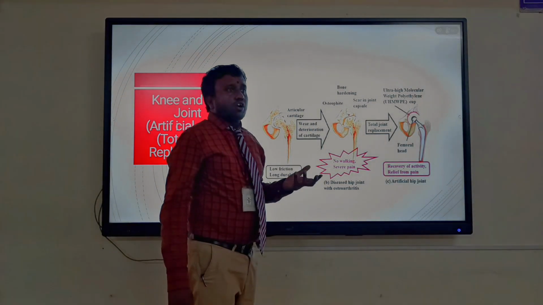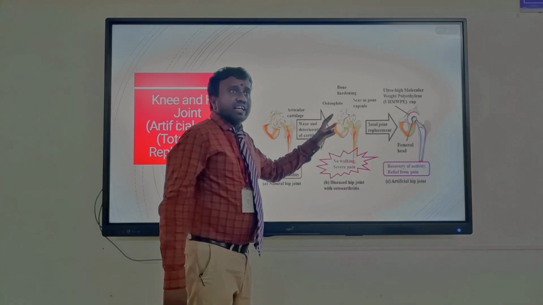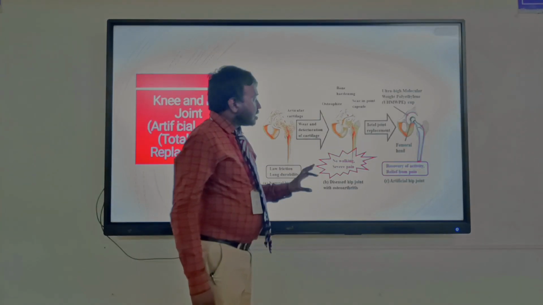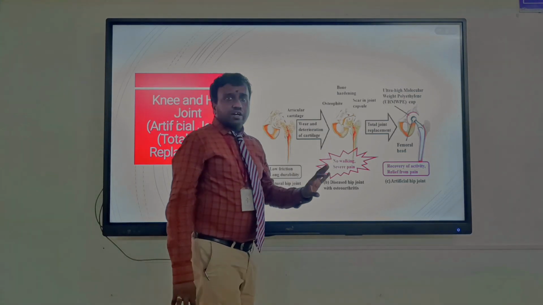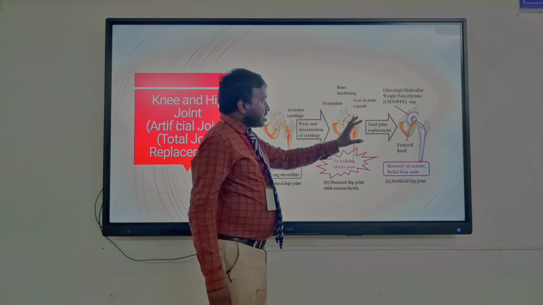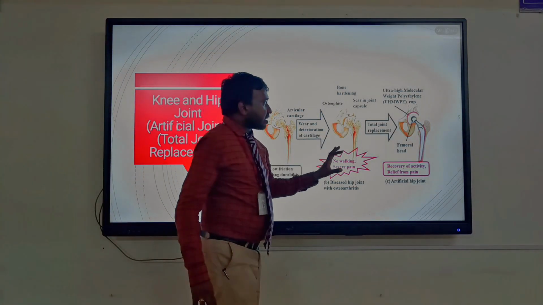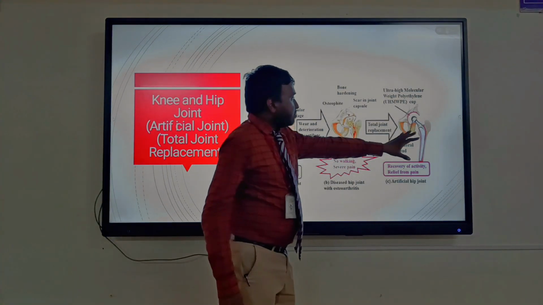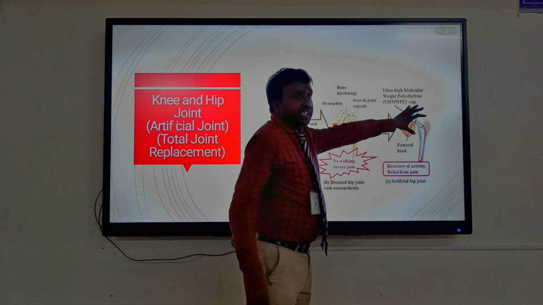When the bone gets hardened, they will not be able to move properly and will not be able to fold the legs. These are the common things that happen. Now, what are we going to do to eliminate this? This part is called the stem. They completely replace this stem part with an artificial implant and then place a polymer-based cap.